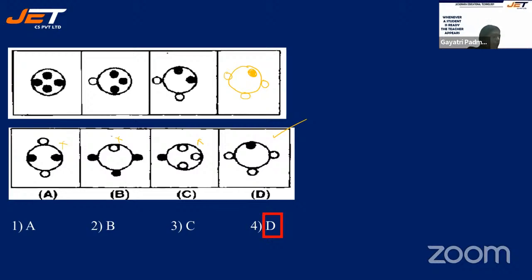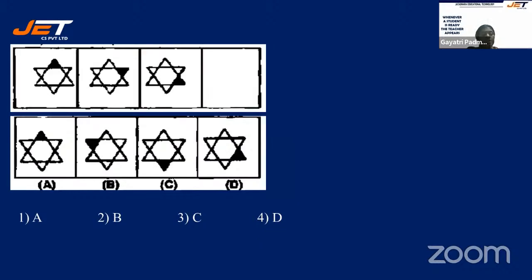Okay, students. So I'm sure you would have understood how to choose what comes next. How to choose the correct answers from what comes next. All right, now let's move on to the next question. We have this figure whereby this is being clockwise moved.